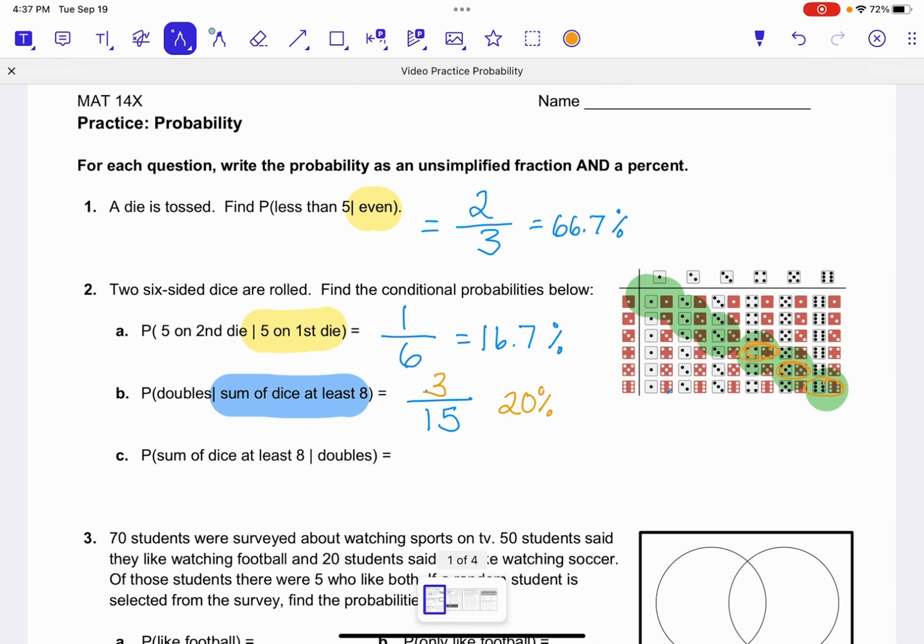So of those 6 doubles that we had, 3 of them had sums of at least 8, which gives us a percentage of 50%.